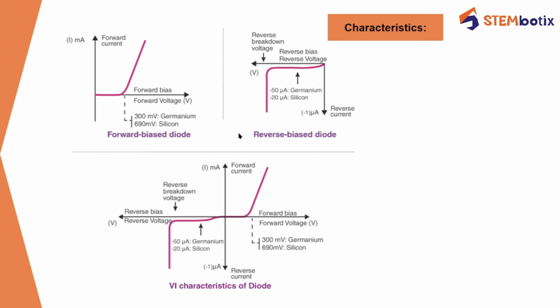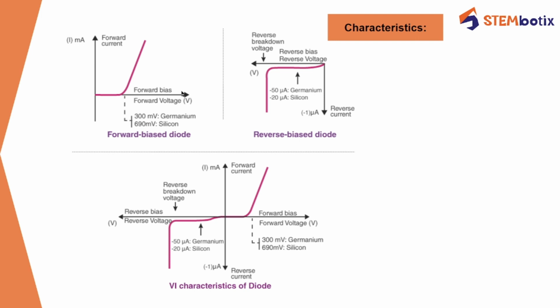So this is the graphical representation of the characteristics. This is forward biased diode characteristic, and this is reverse biased diode characteristic. This is current versus voltage graph. In forward bias, as the voltage of battery increases, the forward bias current increases.